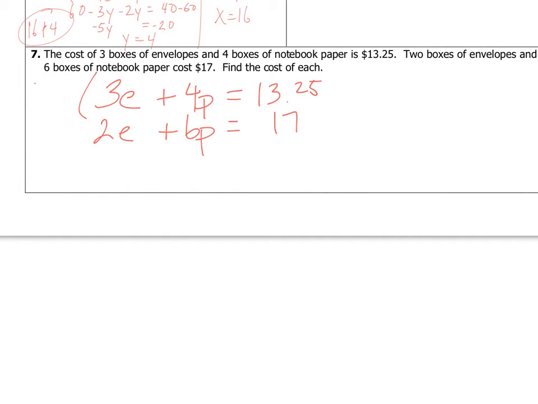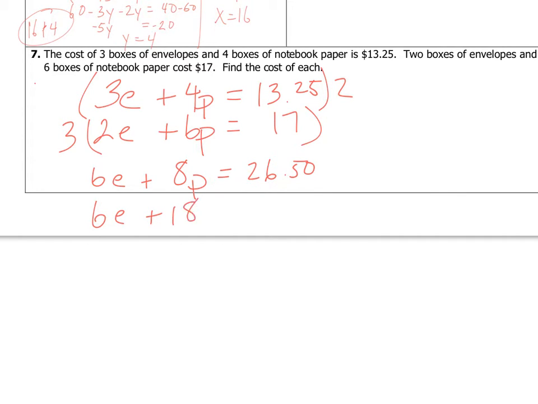So I'm going to multiply this equation by 2, multiply this equation by 3, and here's what we're going to get. So this turns into 6e plus 8p, and this is equal to 2650.